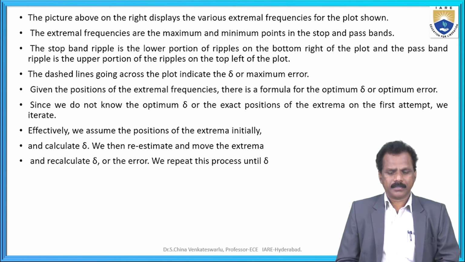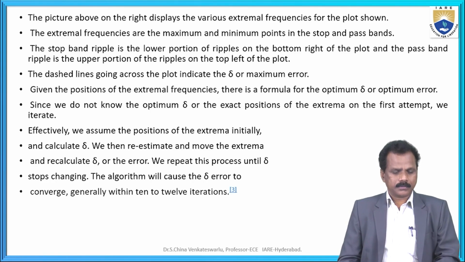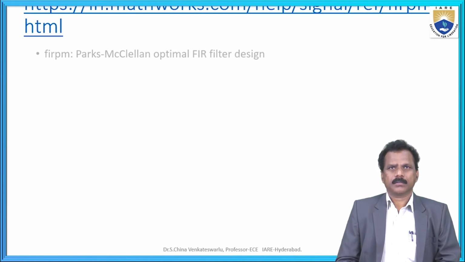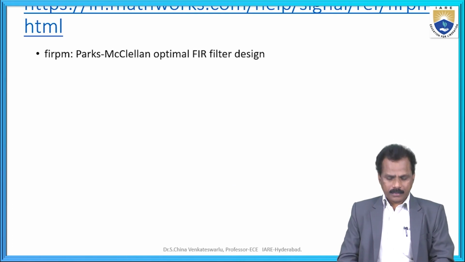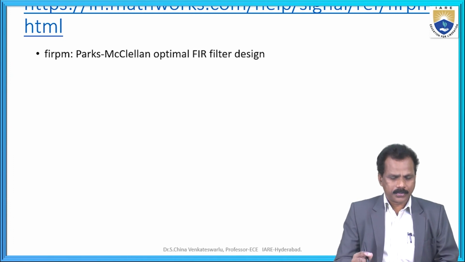We repeat this process until the delta value stops changing. The algorithm will cause the delta error to converge, generally within 10 to 12 iterations. So using this interpretation, we should follow this using MATLAB software.